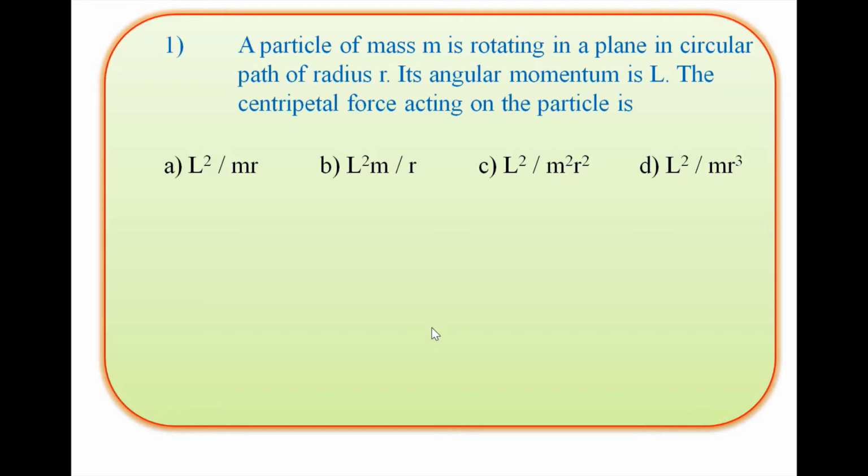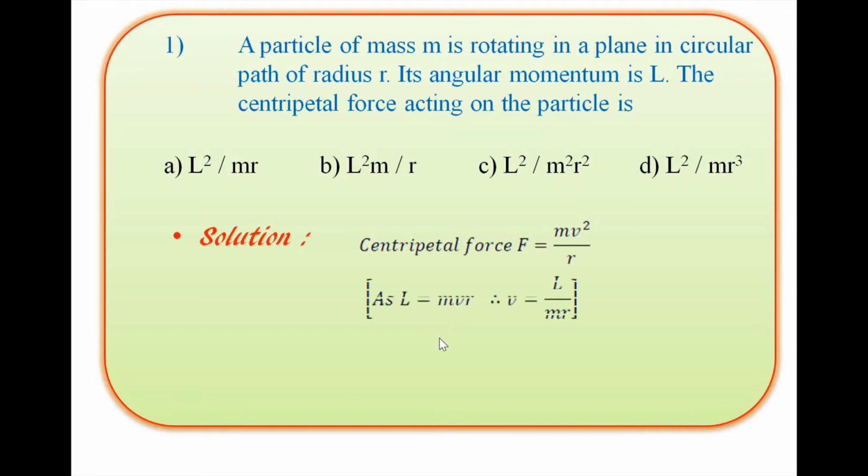So let's see how to solve this objective. The solution is, as we know from the circular motion topic, centripetal force has the formula F is equal to mv square divided by small r. As we know the angular momentum formula, L is equal to mv into small r. So taking the v term outside, we get v is equal to L divided by m into small r.